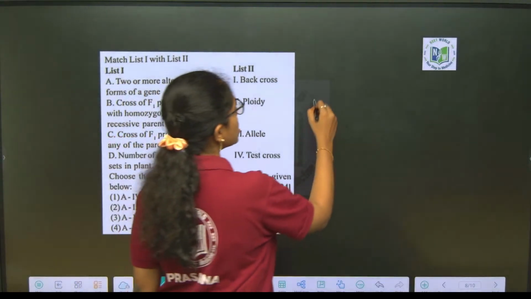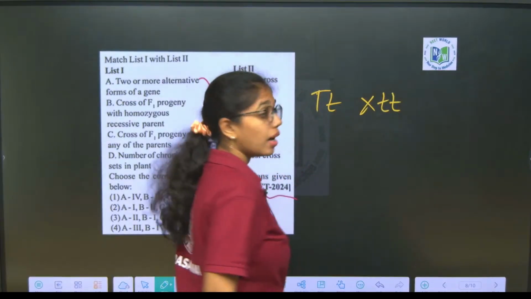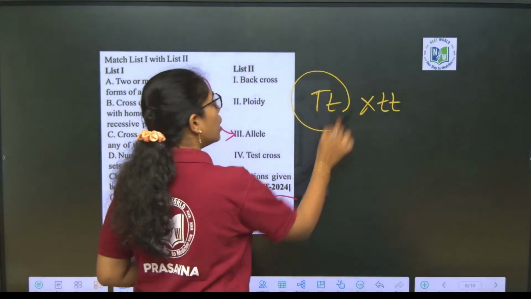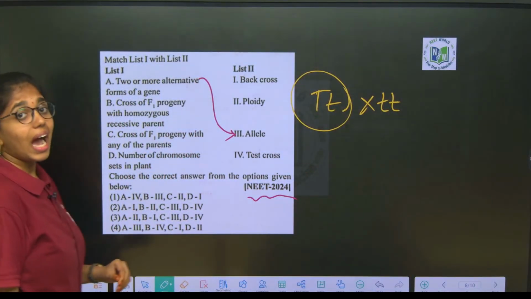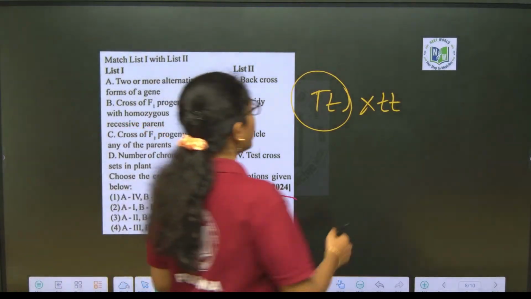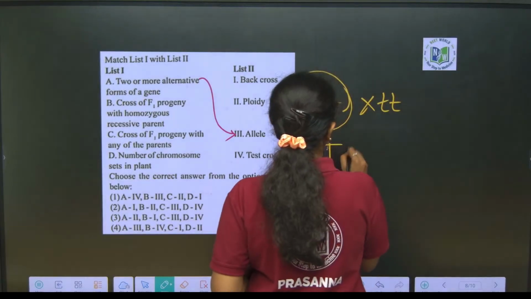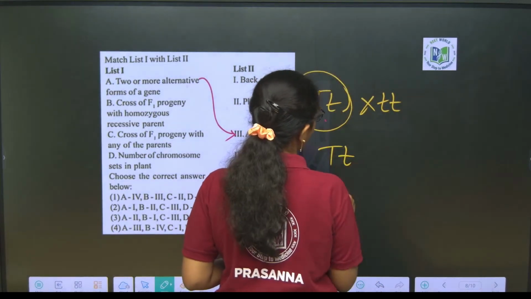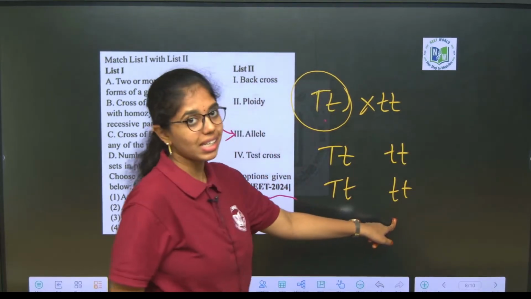The F1 progeny, which is heterozygous, when crossed with a homozygous recessive parent, gives the phenotype of the F1 generation. How is the phenotype identified? If it is heterozygous, then you will get equal phenotypes, capital T and small t. Half of the offspring are dominant, half are recessive.